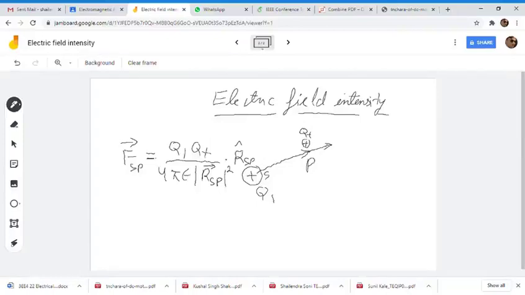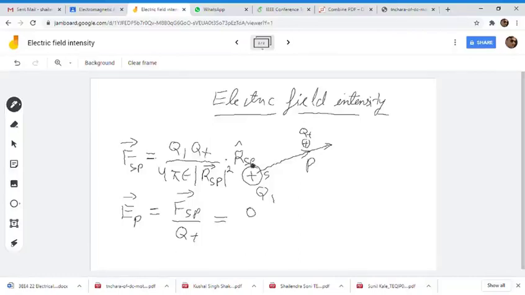Now we define another quantity, which is the electric field. The electric field at point P will be force per unit test charge.